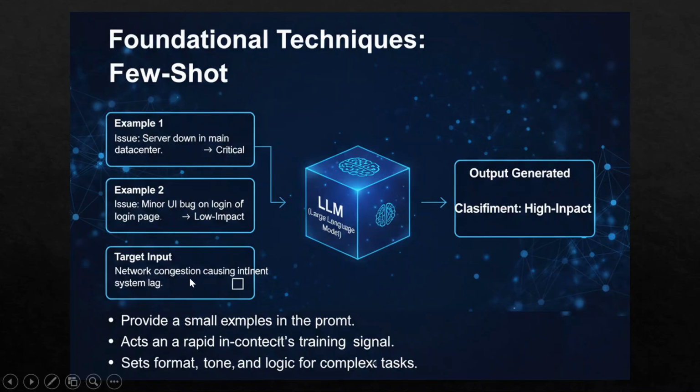And the target input, which is our user message, is network congestion causing intermittent system lag. We want to pass that to our LLM, and as the output for the classification, we are giving a few examples to our LLM so that it can decide the criticality of that incident. So we provide a list of examples with the prompt with the output also, so that the LLM has more context about our questions.